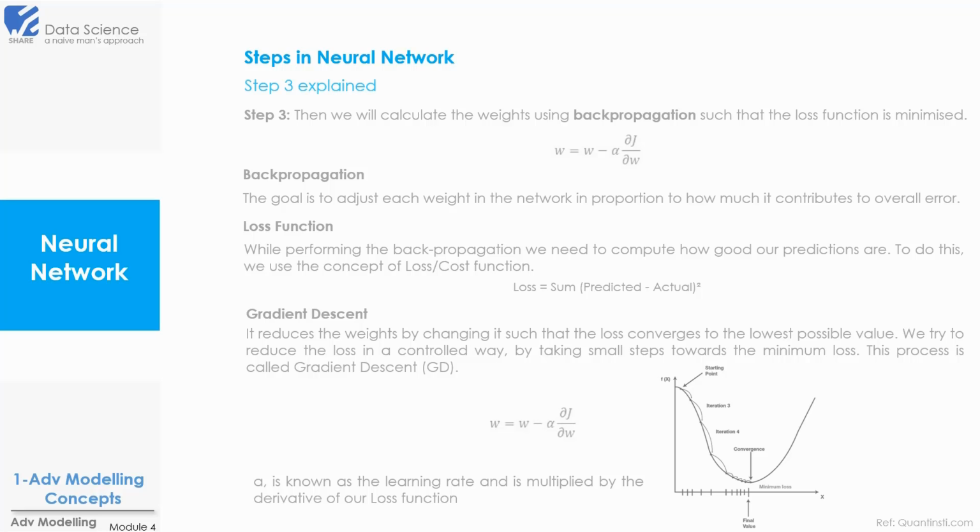So we have taken a partial derivative of the loss function here. In partial derivative, we find the derivative with respect to a particular term and keep the remaining terms as constant. To calculate the partial derivative of a function, we use the chain rule of derivatives.